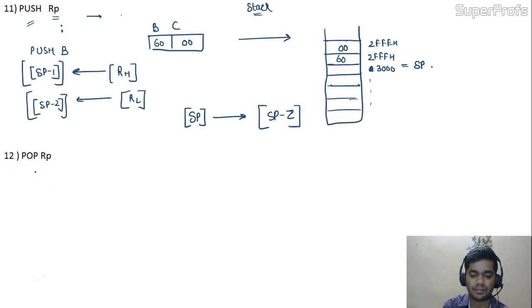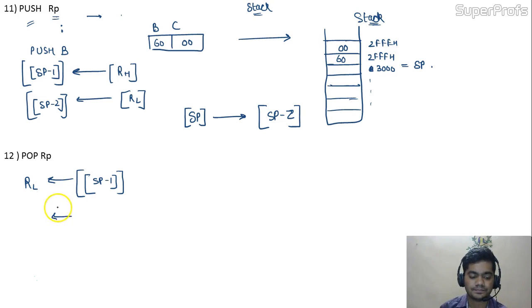The just opposite is the pop operation. In the pop operation, whatever data is present in this stack, which is present inside the memory only, would be transferred to the register pair. So from SP, the data would be transferred to RL, because we are transferring from the stack only, and whatever data is present at SP plus 1 would be transferred to RH.